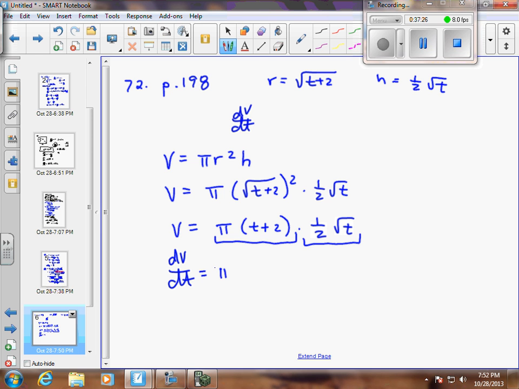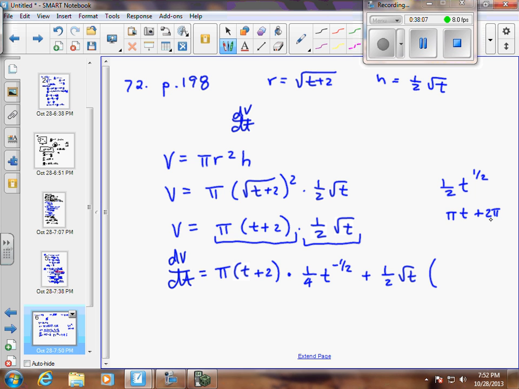So pi times the quantity t plus 2 times the derivative of 1/2 square root of t, which I think of as 1/2 t to the 1/2, is 1/4 t to the negative 1/2. Then I have 1/2 square root of t times the derivative of pi times t plus 2, which I can think of as pi t plus 2 pi.